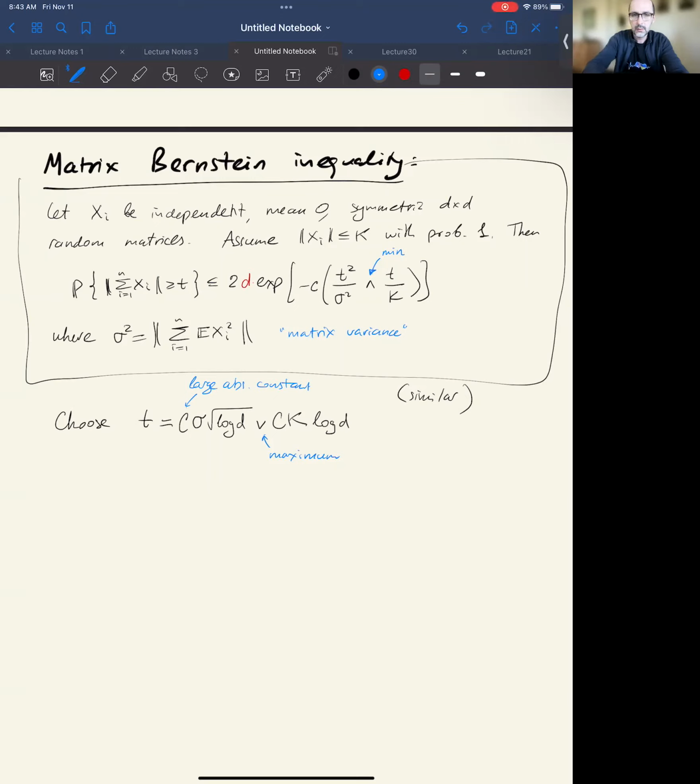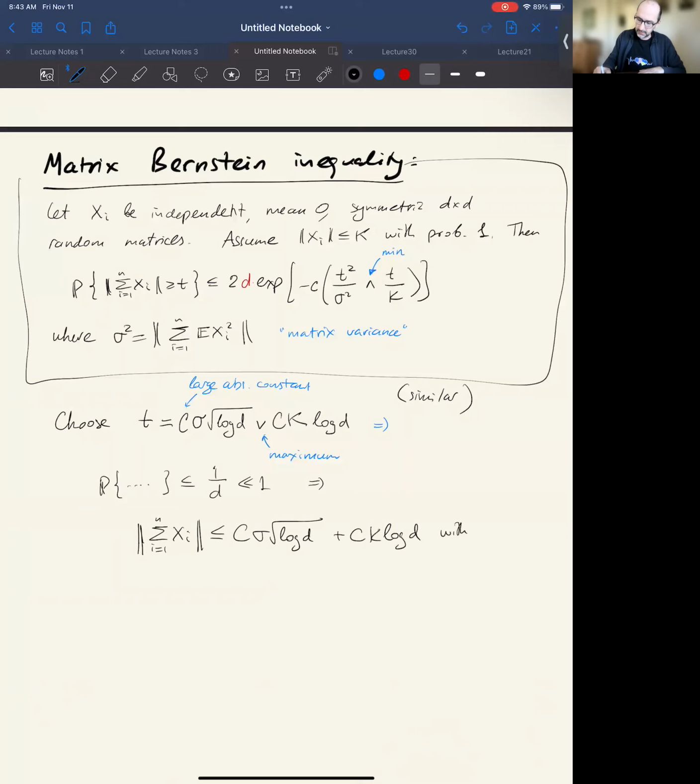And in this case, we have probability less than 1 over d again, which is much less than 1. So this is a good choice for t. This means that the sum of X_i is bounded above by something like this, with high probability, and also in expectation.